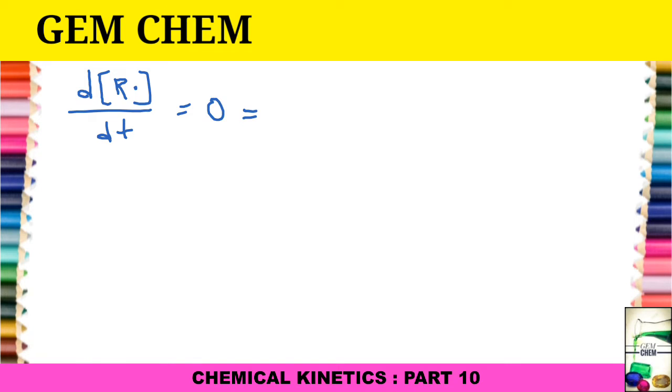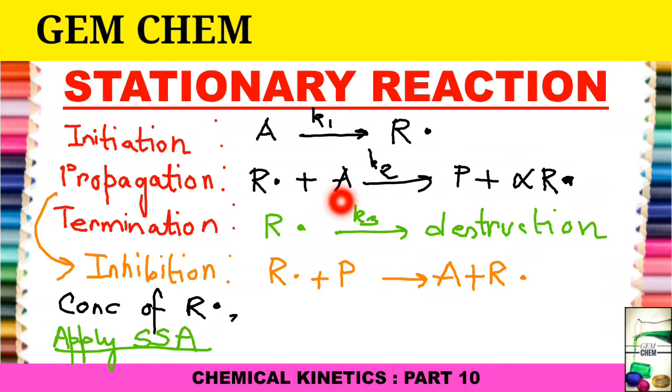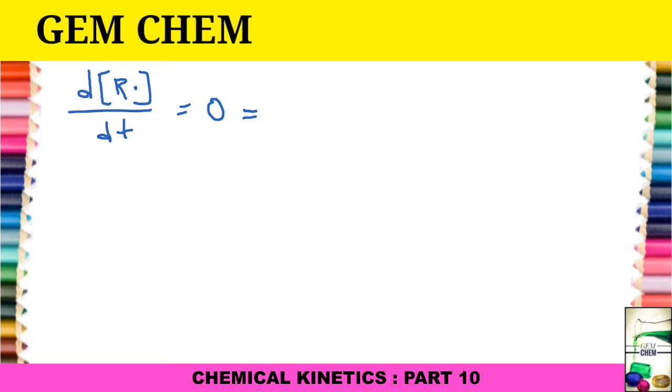And from the equation we can write the rate of formation of R dot as K1 [A] plus alpha K2 [R dot][A] minus K2 [R dot][A] minus K3 [R dot]. So let us write it down.